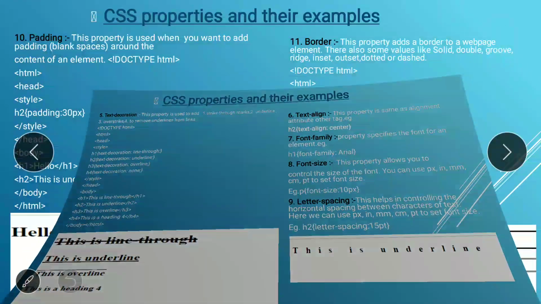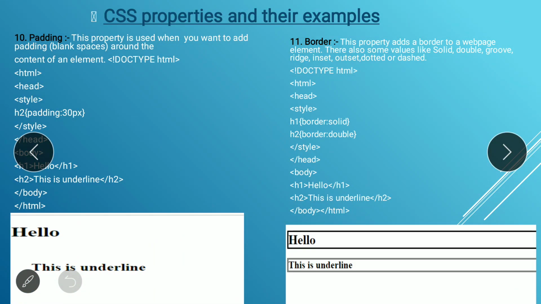Okay. Next property is the padding. Padding means what? This property is used when you want to add blank spaces around the content of the element. In this example you can see I took two headings, h1 and h2.